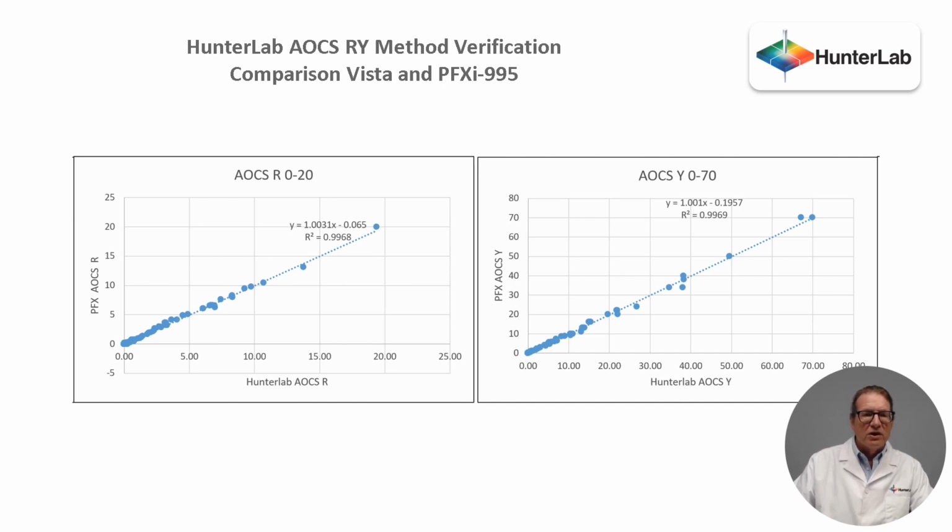The results of a statistical t-test gave p-values equal to 0.0005 between the instruments. Statistically, there is no significant difference between the results. This was done for both AOCS-R and AOCS-Y colors. Additionally, similar results were achieved for Lovibond R and Y colors.